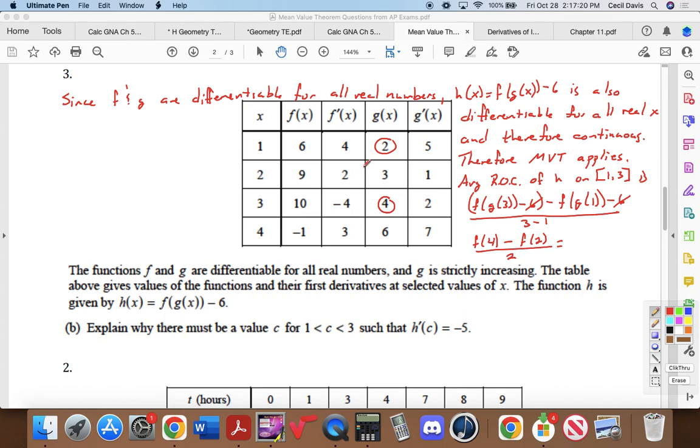So f at 4 is negative 1. f at 2 is 9. All over 2 is negative 5.